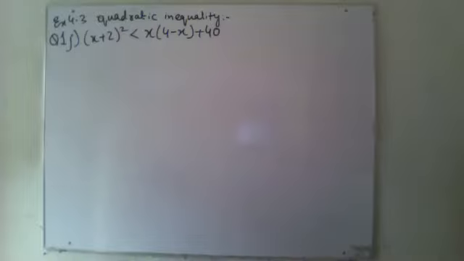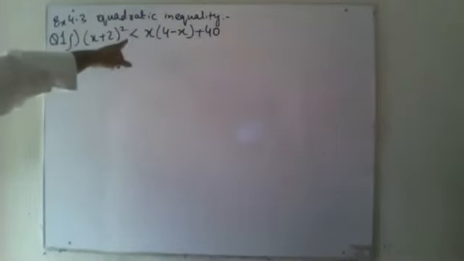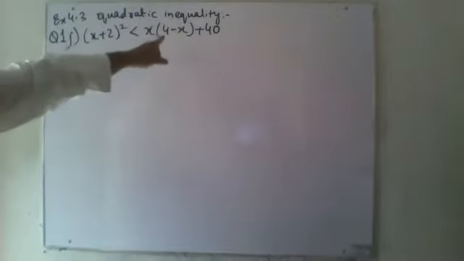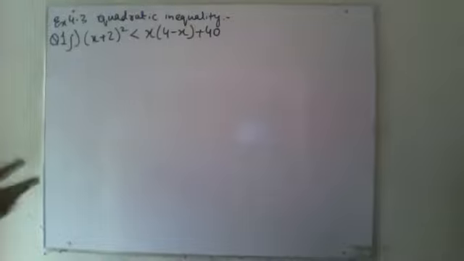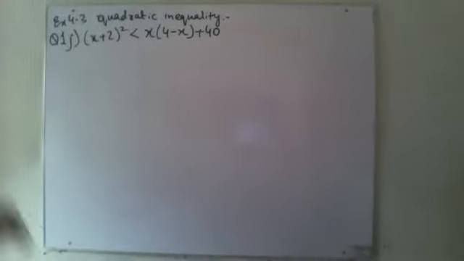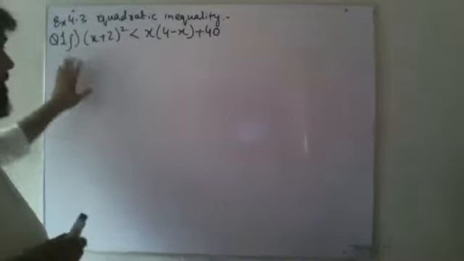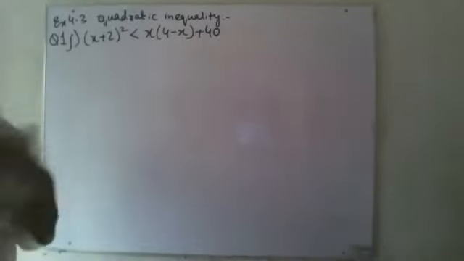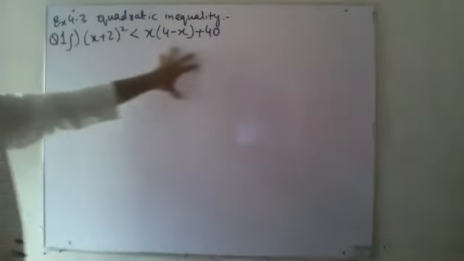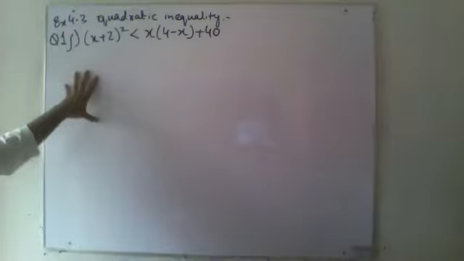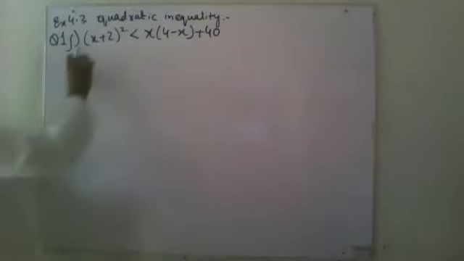I am again reading my question. Bracket x plus 2 whole square is lesser than x bracket 4 minus x plus 40, and I have to find the solution set. So first thing is that I have to simplify it because it is not in a perfect quadratic form. So I have to bring it in the quadratic form, and after that I will analyze how I am going to solve this one. Okay.